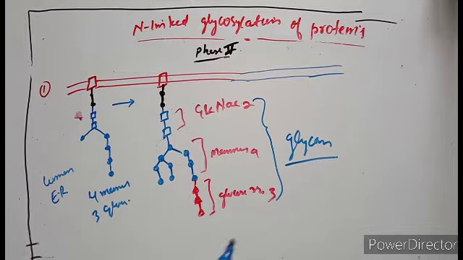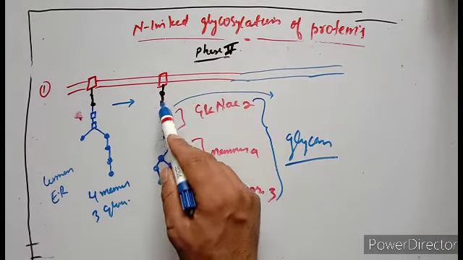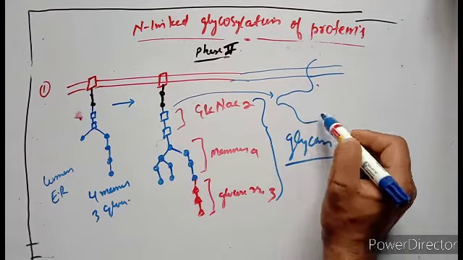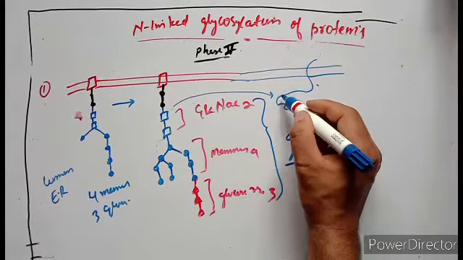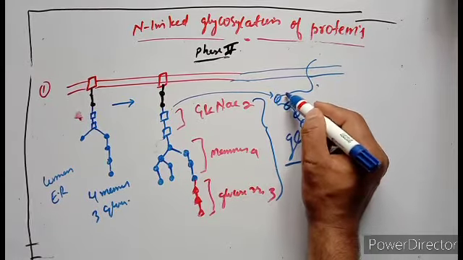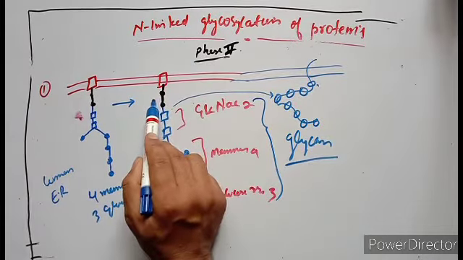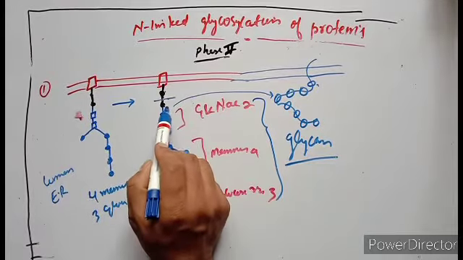So this reaction is driven by the energy released from the cleavage of the pyrophosphate bond between the dolichol and glycan molecule. The reaction in which this particular oligosaccharide is transferred to a protein is driven by the energy released when this bond between the phosphate of dolichol and glycan is broken.